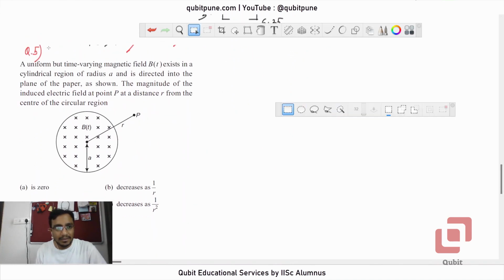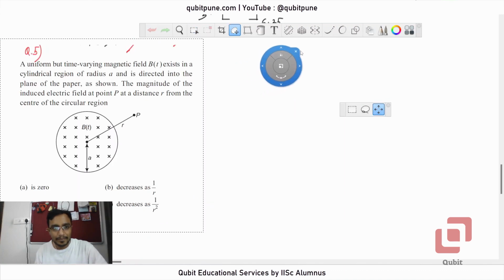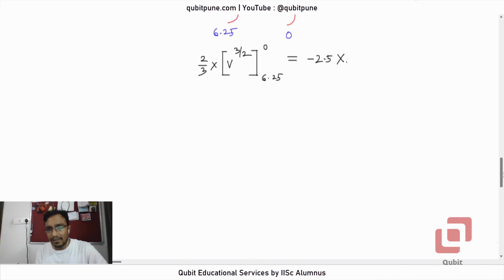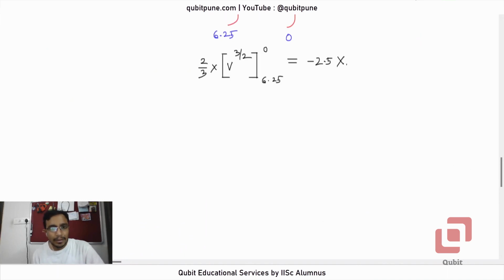This is taking us a bit more space than we had thought. Anyways, let's shift it and continue with the same sum. Before I cube, I know that 6.25's square root is 2.5. So 2 by 3. Let's get rid of the 0 first, which gets us a negative sign here. 6.25 square root is 2.5, and then we are going to cube this.